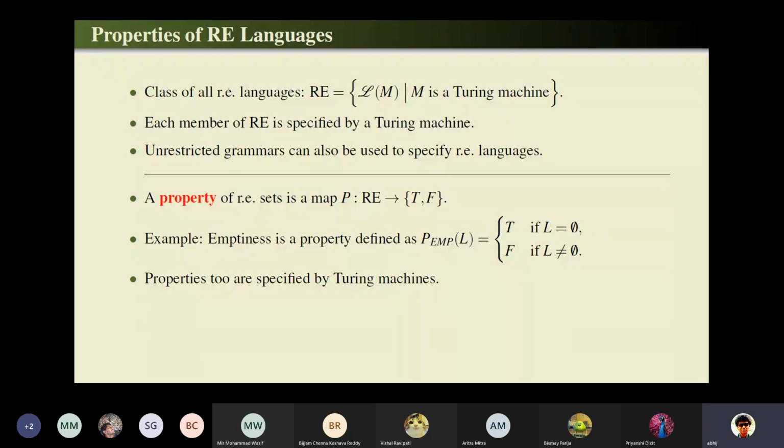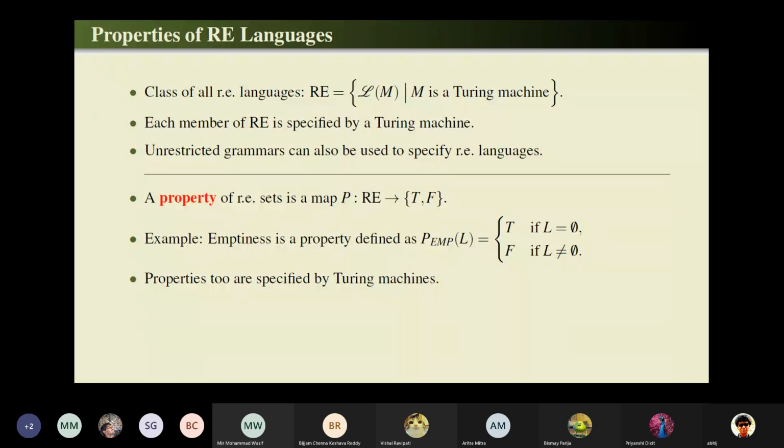So only certain properties can be specified, others cannot be. But the way I will specify a property is by a representative Turing machine. For example, if I look at this emptiness property, I will specify it using any Turing machine whose language is the empty set.